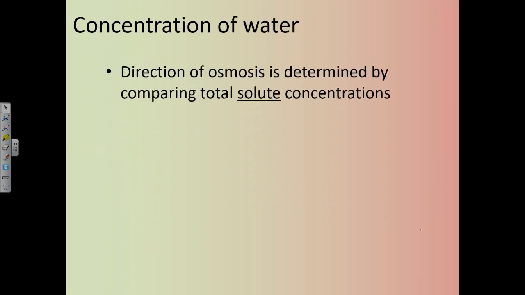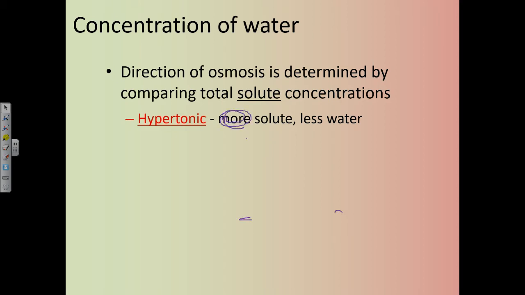When we're trying to figure out which direction the water is going to move, or which direction osmosis is going to occur, we have to look at the solute concentrations. The solute would be, again, dissolved sugars, dissolved salts, proteins, amino acids, and so on. Our first type of solution is called hypertonic. That prefix hyper means higher than, and so we have more solutes.